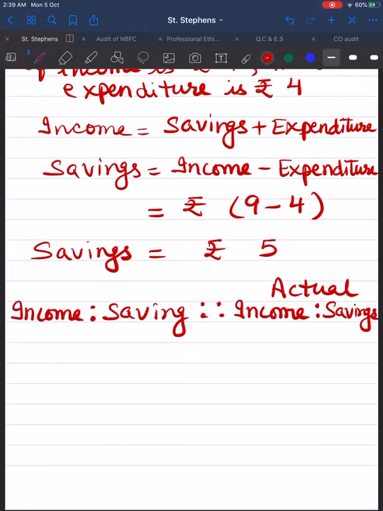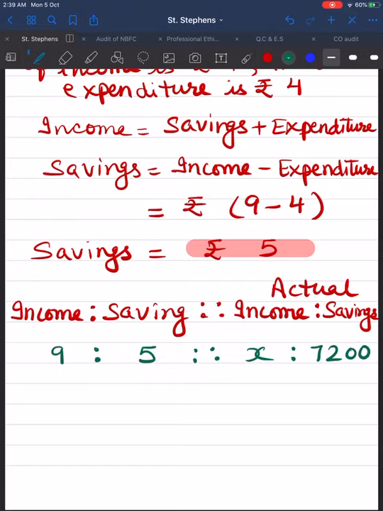So here income ratio savings is now 9:5, because here you can see savings is rupees 5. Now here we have to find out actual income. So we have already supposed it as X, and actual savings are rupees 7200.